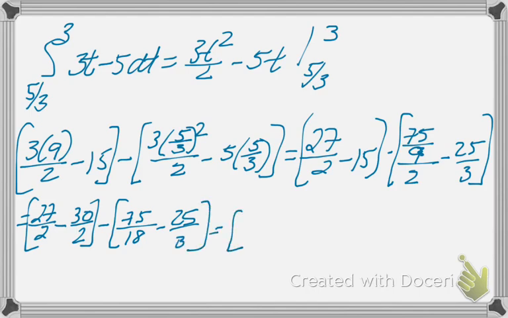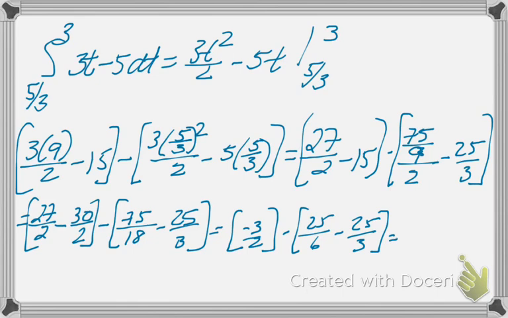For this first part, we're just going to get -3/2. And now for the second part, let's reduce the first fraction, dividing everything by 3. If you don't like fractions, you're going to have a problem with this.